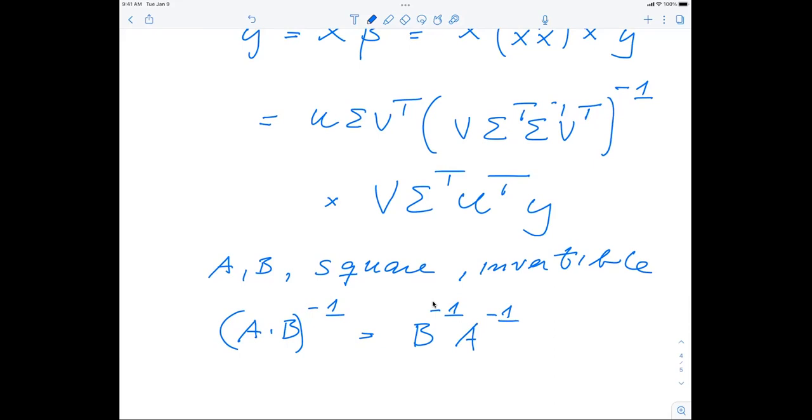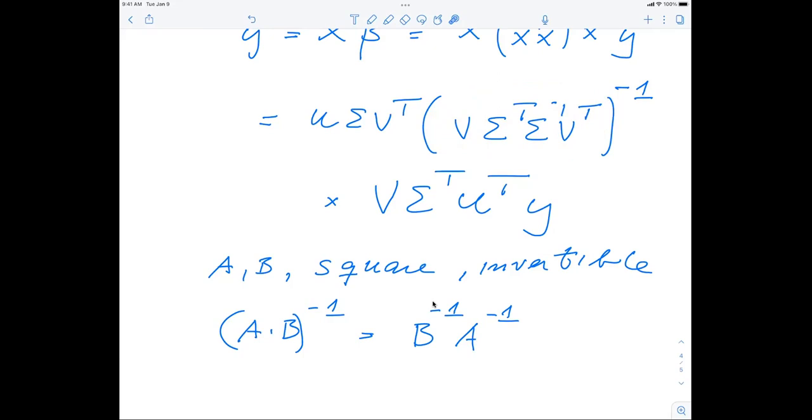If you look at the matrices which we have to invert, you could think of this as being a matrix A, this as being a matrix B, and this a matrix C, so we would actually have more matrices. Are these invertible matrices? Or not?